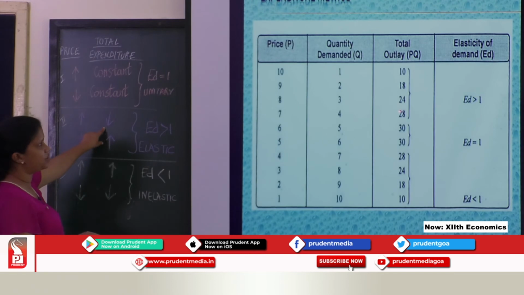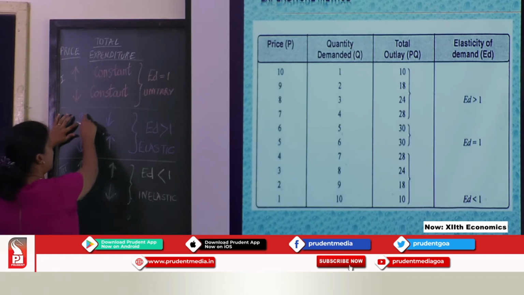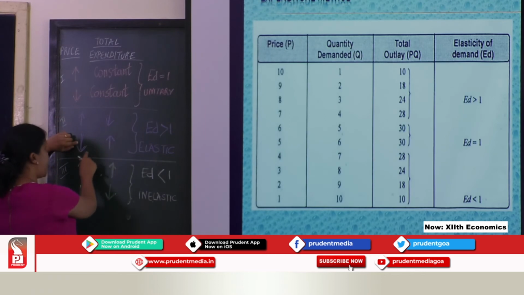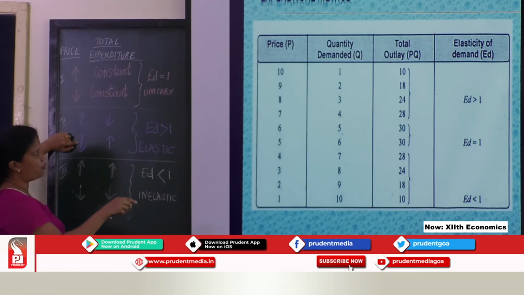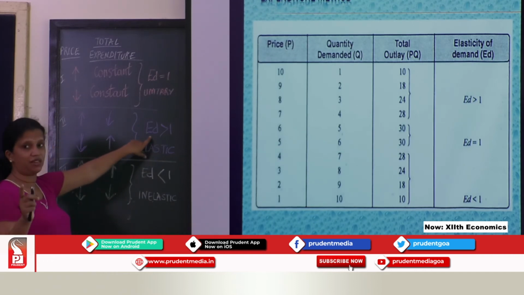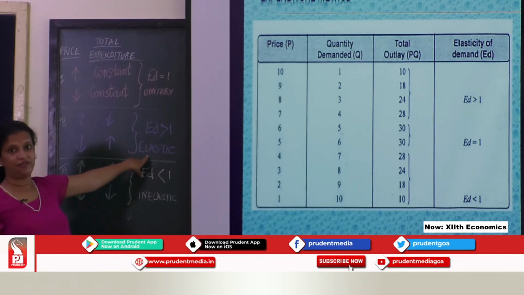Is the total expenditure falling? It was 28, then it is 24, 18, 10. So, although the price has increased, expenditure has come down. Or if price decreases, expenditure goes up, vice versa, same situation. Therefore, we can conclude that ED is greater than 1 and therefore, relatively elastic demand.